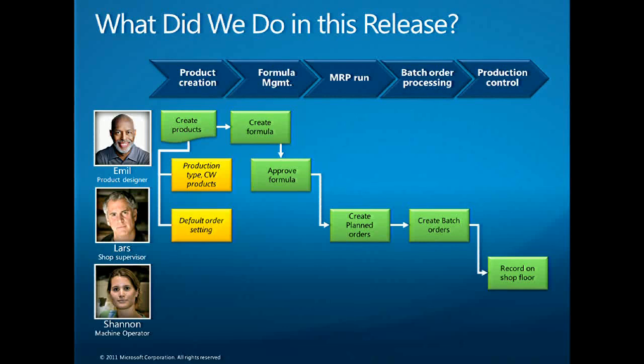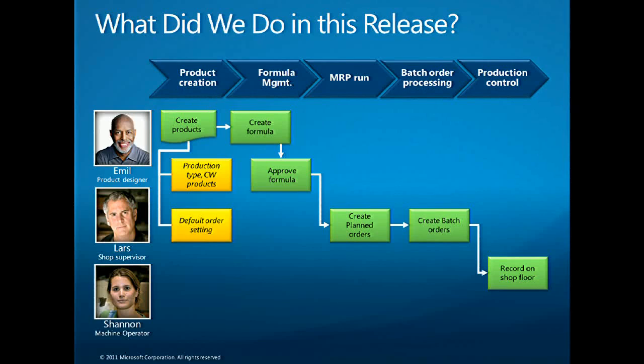On the product side, we've introduced something which was kind of already there, called production type now, and that production type determines whether the item being produced is a co-product or a byproduct, or a bill of material or formula item, or a planning item.